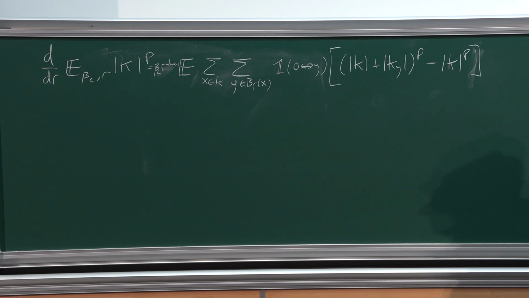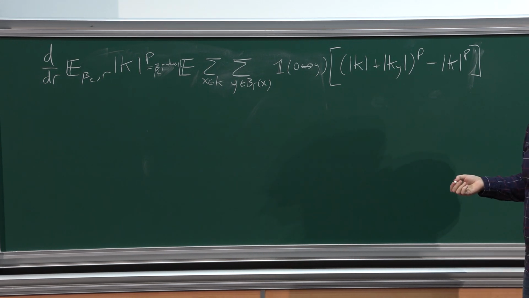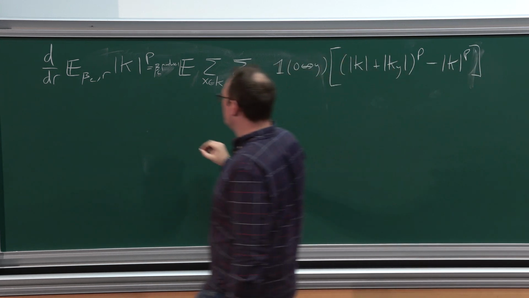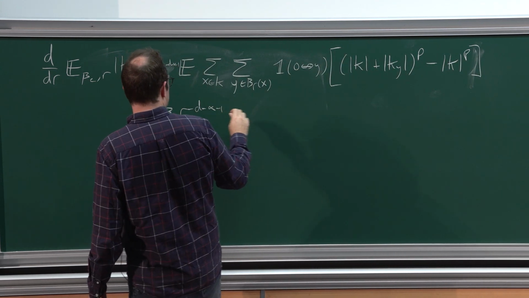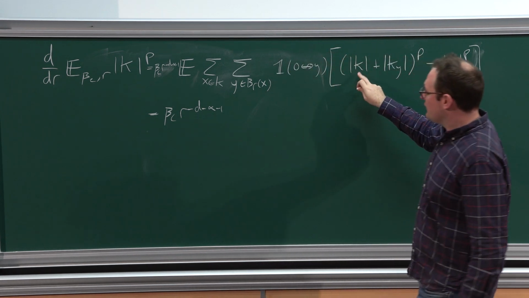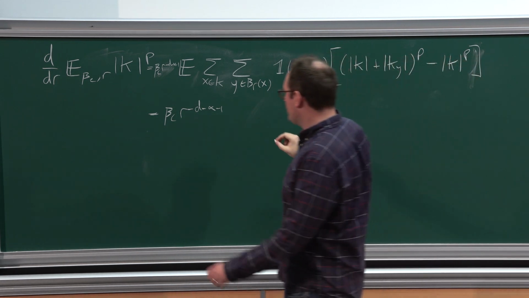Okay. So what are we going to do? Well, we're just going to expand this out using the binomial theorem. Right, so subtracting this just means that we lose the first term here in the binomial expansion.